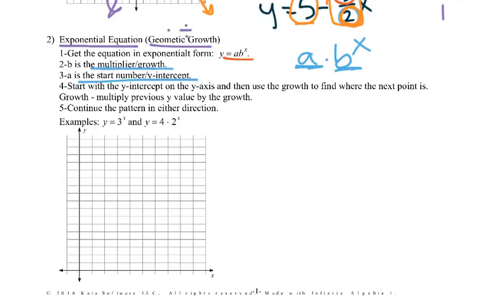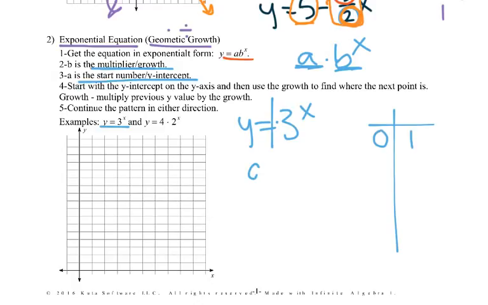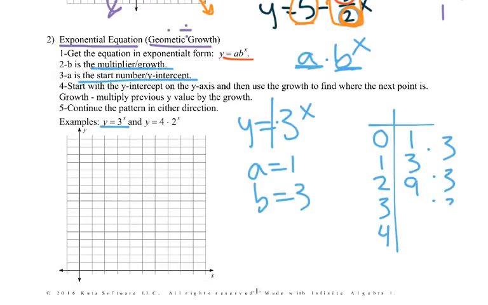So once again, making a table is pretty easy. Now, y equals 3 to the x, there's no number out front, right? So what's the only number we could put there? A 1. So we start at 1. Our a was 1, and our b is 3. So every time we go up by 1, we're timesing by 3.